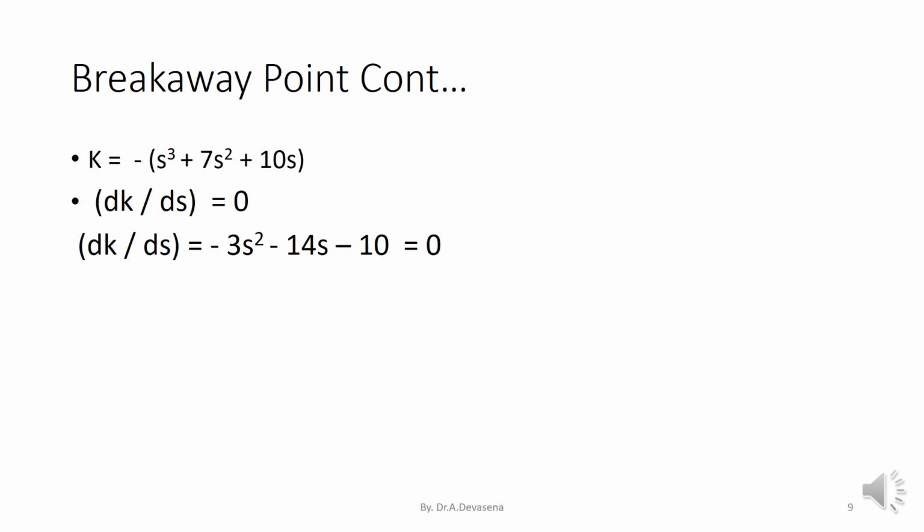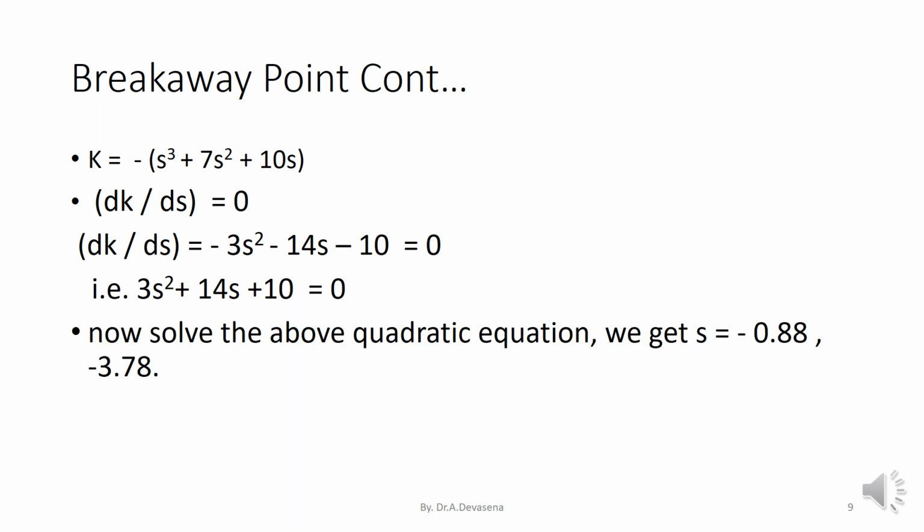That is, after differentiating the k value, we obtain minus 3s square minus 14s minus 10. We have to equate this minus 3s square minus 14s minus 10 to 0. We simplify this equation means we obtain 3s square plus 14s plus 10 is equal to 0.